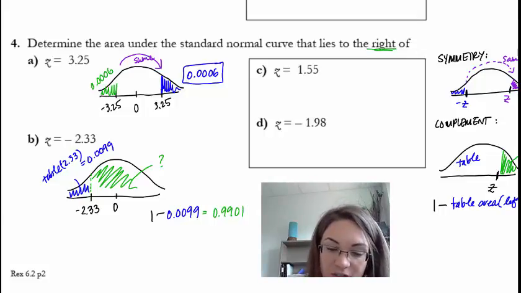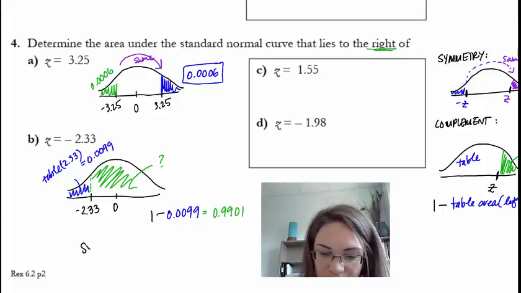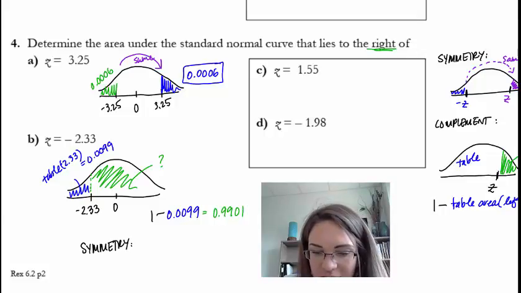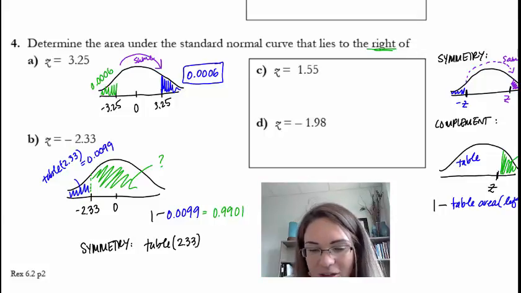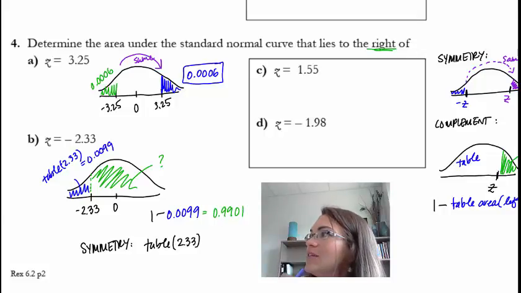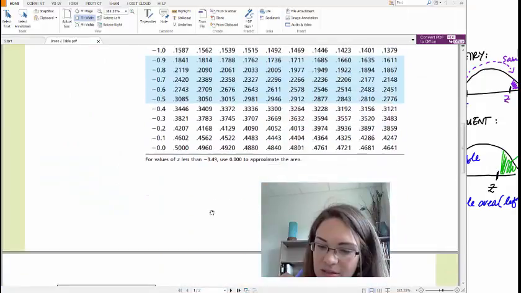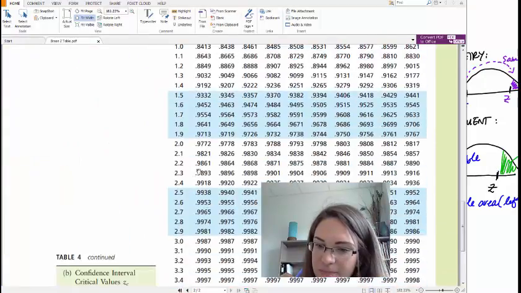Now if we look for symmetry, we would do it by finding the table value of the positive 2.33. That's the area to the left of the negative value, and that should be the area to the right of the positive. So let's look up positive 2.33.